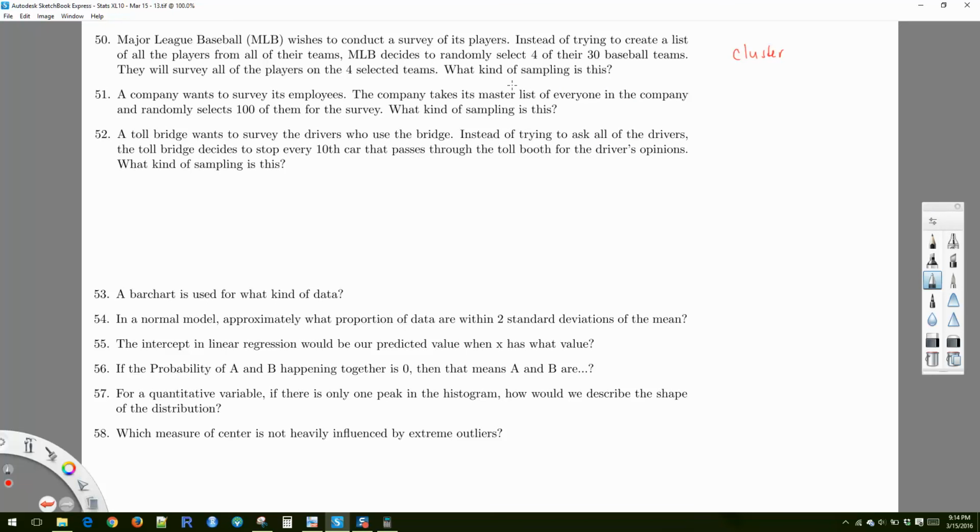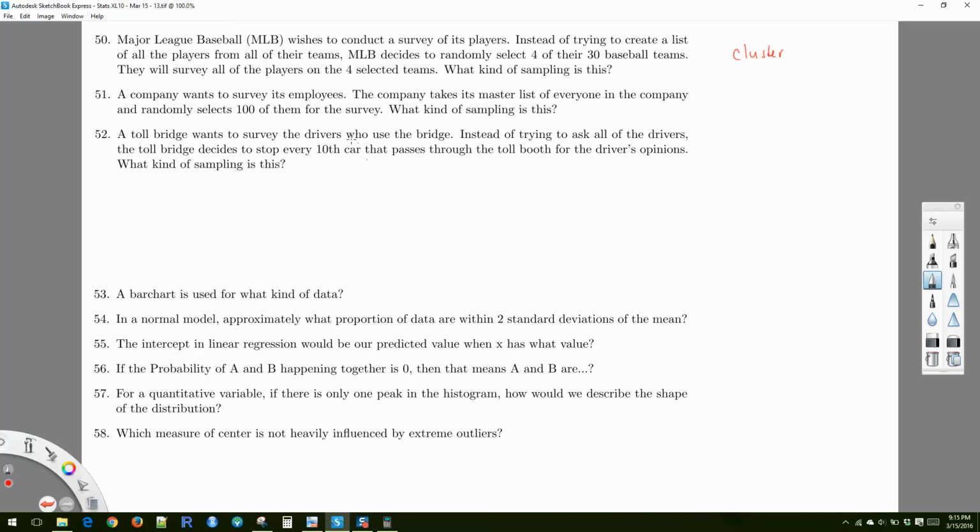For stratified sampling, they would make sure that they surveyed someone from every single team, right? They would make sure that every team is represented. If they said they're going to make sure that they've sampled this amount of people from every single team, that would be stratified sampling. But with cluster sampling, it's like, oh, we got all these groups, we're just going to pick a few of them.